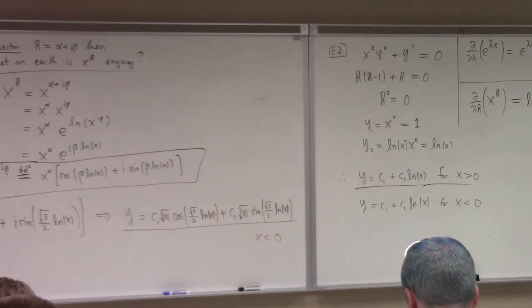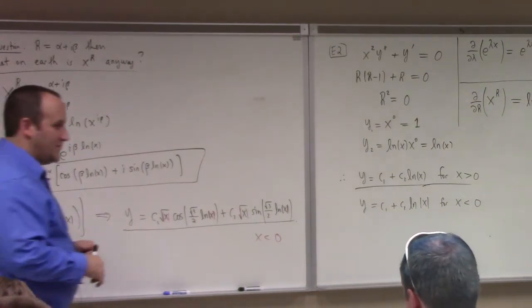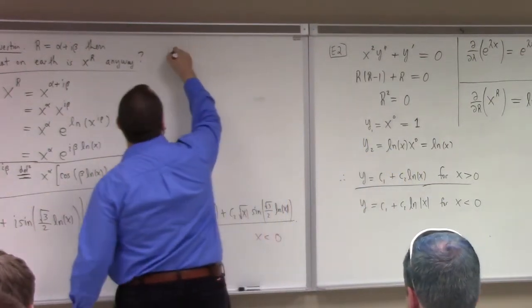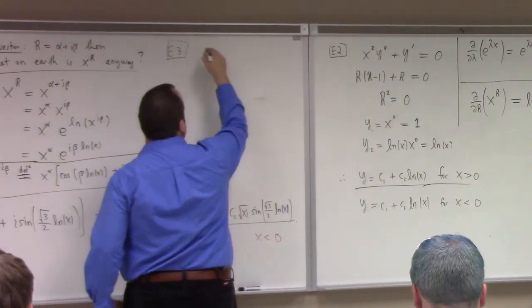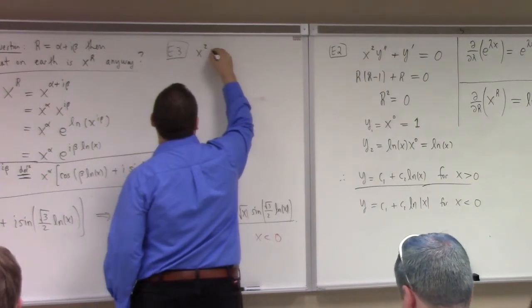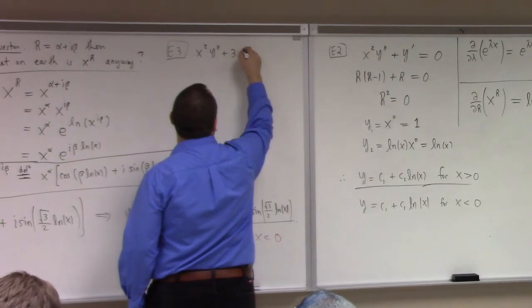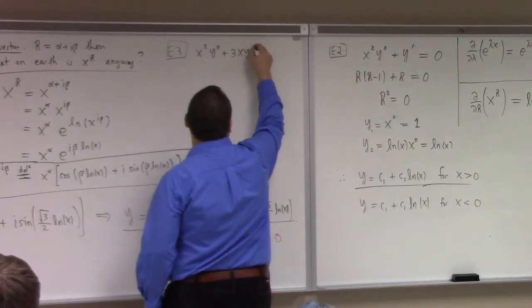All right. Finally, let us conclude class with the easiest and most relaxing kind of example, the distinct real root case. How about x squared y prime prime plus 3 x y prime.